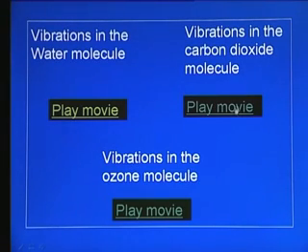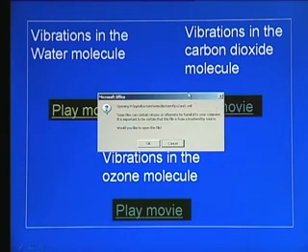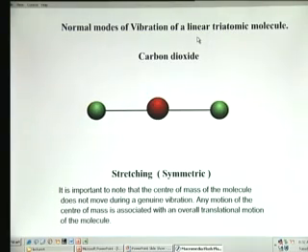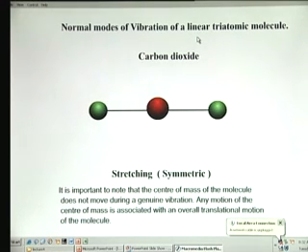Okay. Another example of vibrations of a molecule is carbon dioxide, a linear molecule, and you can recall that the symmetric stretching of carbon dioxide about its equilibrium position is another example of how we visualize molecular motions.